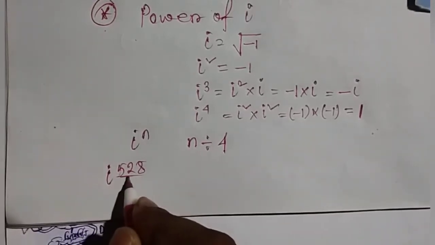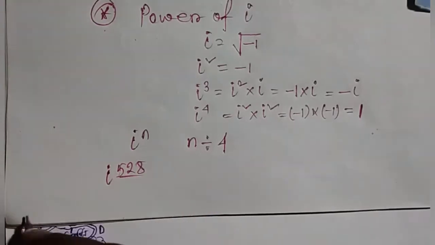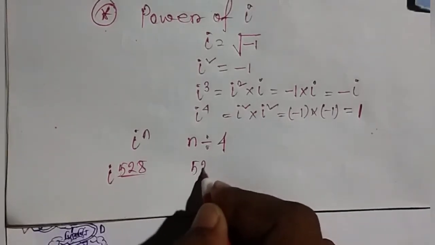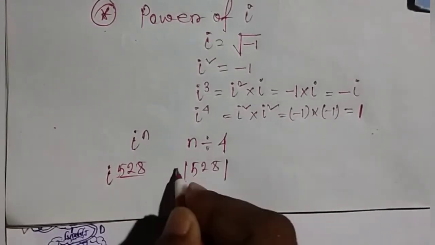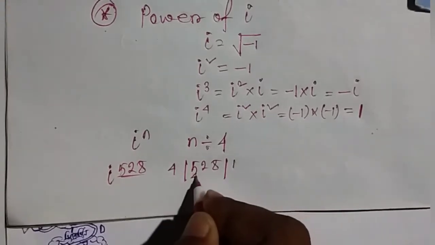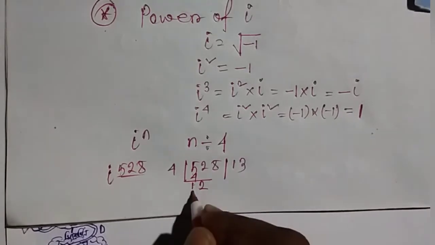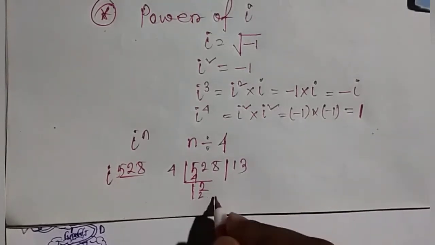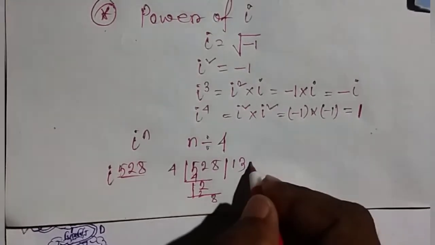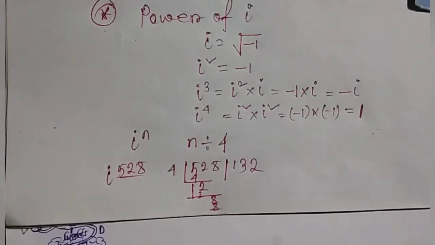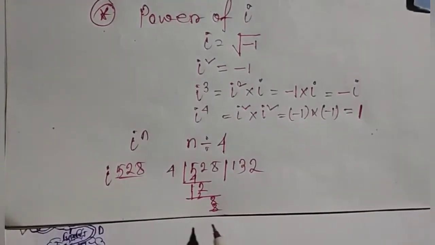So at first divide 528 by 4. If we divide 528, then what we will get? 4 1s are 4, here is 1, 2, 4 3s are 12 and 8 here. So 4 2s are 8. So here is remainder 0.